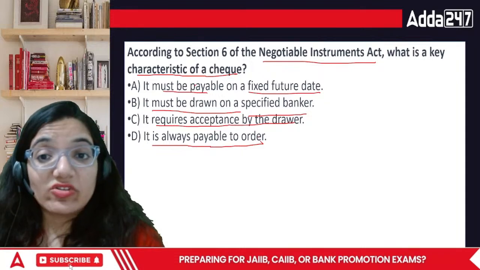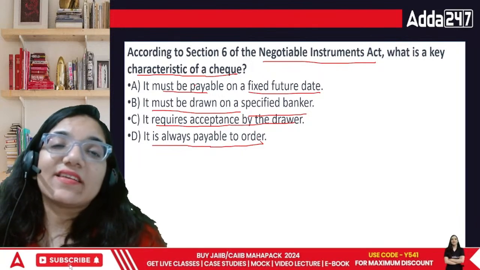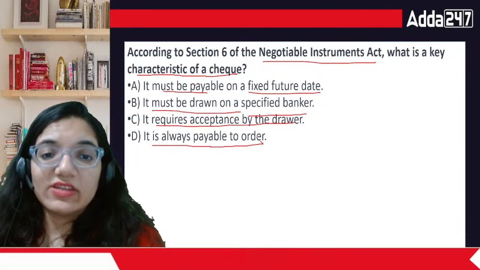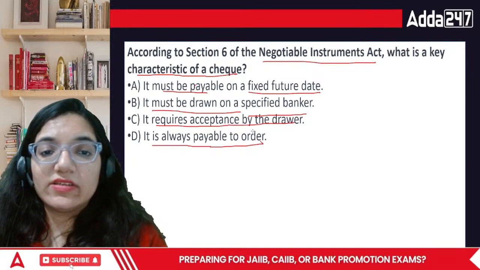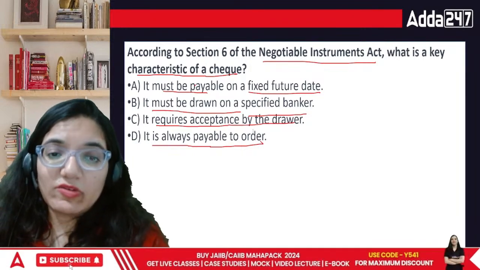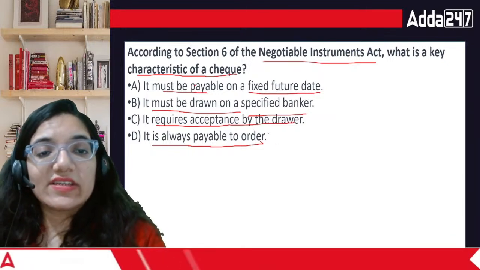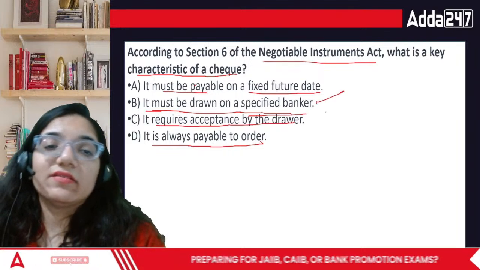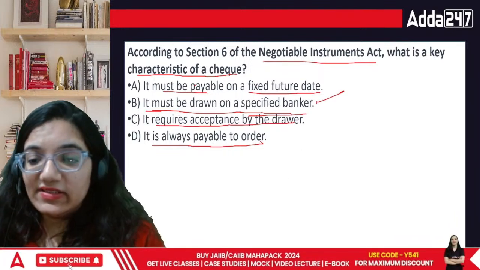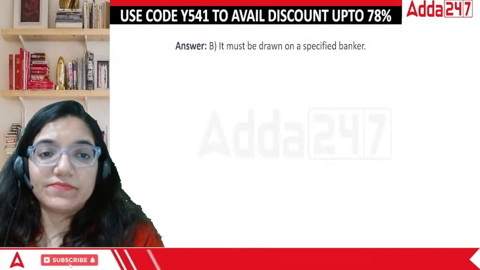A check is basically an order to your banker that he should pay a certain amount of money to someone, withdrawn from your bank. So it must be drawn on a specified banker. The correct answer is the specified banker.